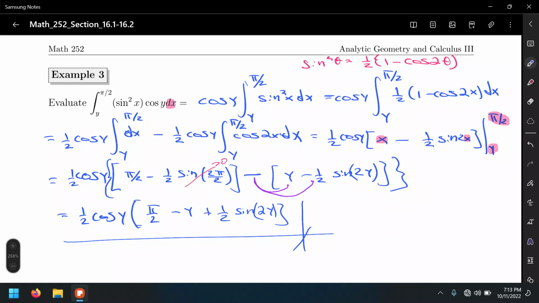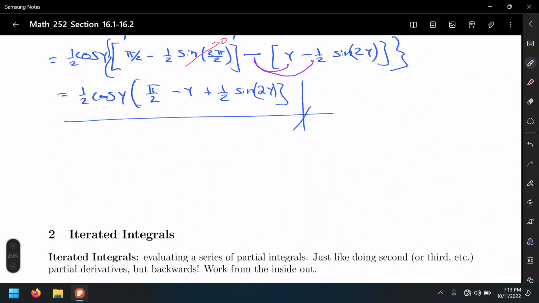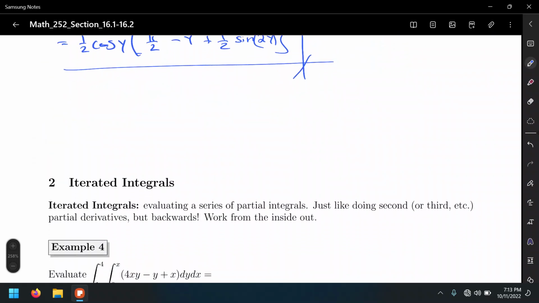All right. So the next topic, we call it iterated integral. So that's another way to say multiple integrals. And we're going to do double and triple integrals.